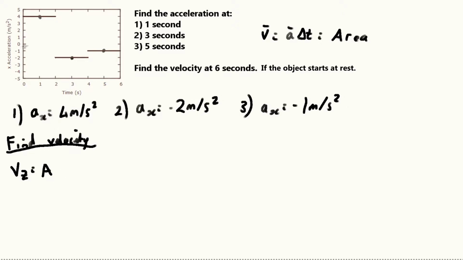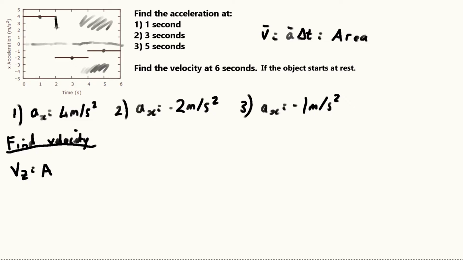Now, one important thing to remember is that the area will have a certain sign depending on its relation to the 0 point on the graph, meaning anything above the 0 acceleration mark will be a positive area, and anything below will be a negative area.